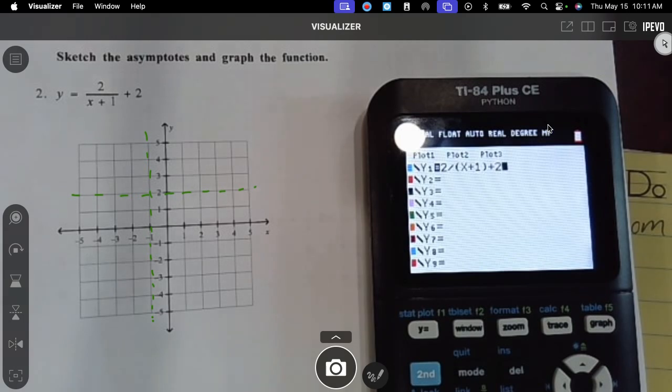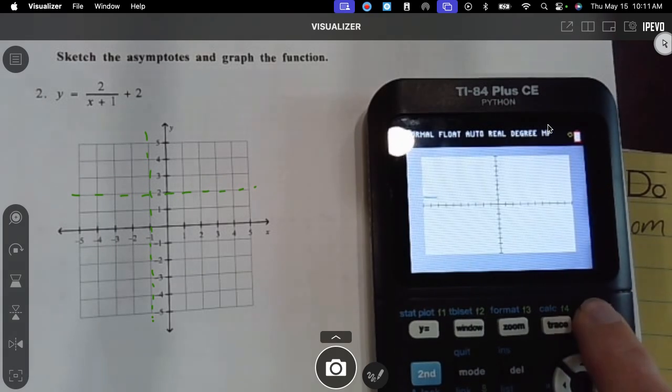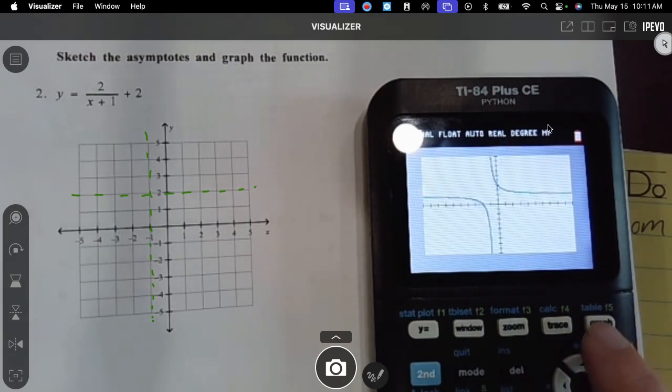I did 2 in the numerator divided by, and then I'm trying to tell my calculator x plus 1 is down here, so I put it in parentheses, and then I add 2 to the whole. Okay, yeah, that's fine. Like you did 2 with parentheses around it, and x plus 1 with parentheses. That's fine. Now, can I do it where you just put parentheses around the whole thing except the +2?